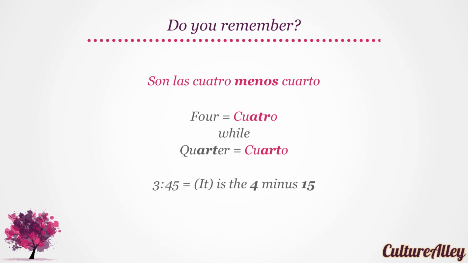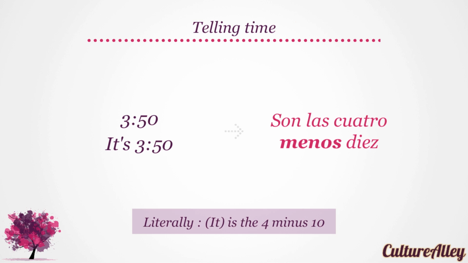Do you remember that in son las 4 menos cuarto, 4 translates to cuatro, while quarter becomes cuarto? Now try translating it's 3:50. It's 3:50 translates to son las 4 menos 10. Note that literally son las 4 menos 10 means is the 4 minus 10.